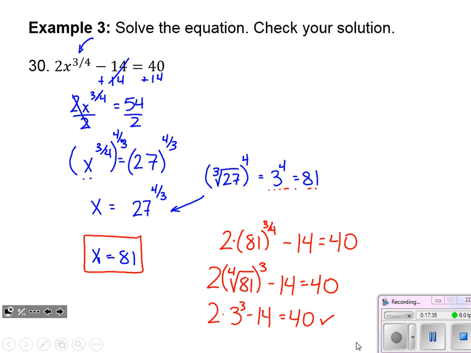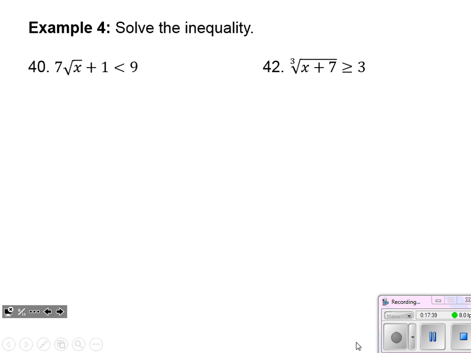Okay, and again, a calculator could be a great help as far as evaluating that work. Now, inequalities. We need to be on the lookout. Because of the domains that come along with different types of radicals, we need to be aware of other restrictions that could apply. So we need to make sure that the radical is happy, and then we need to make sure that we find our appropriate solution, that the whole inequality is happy.